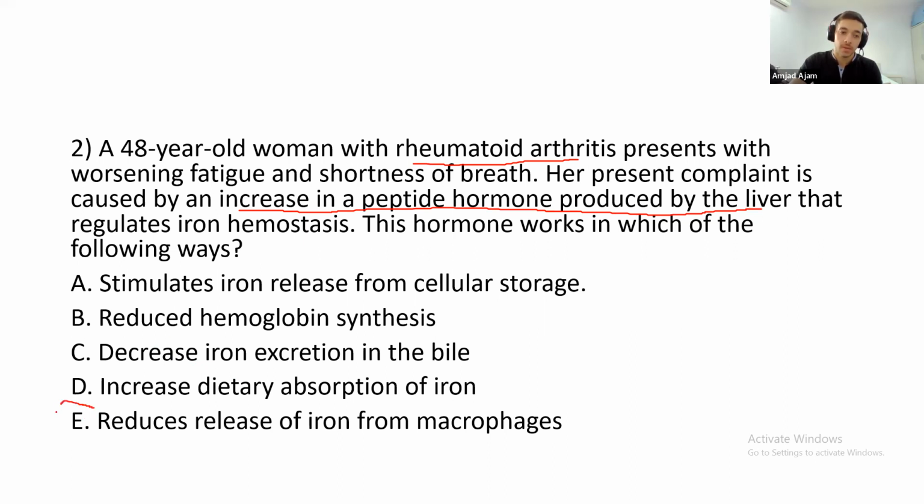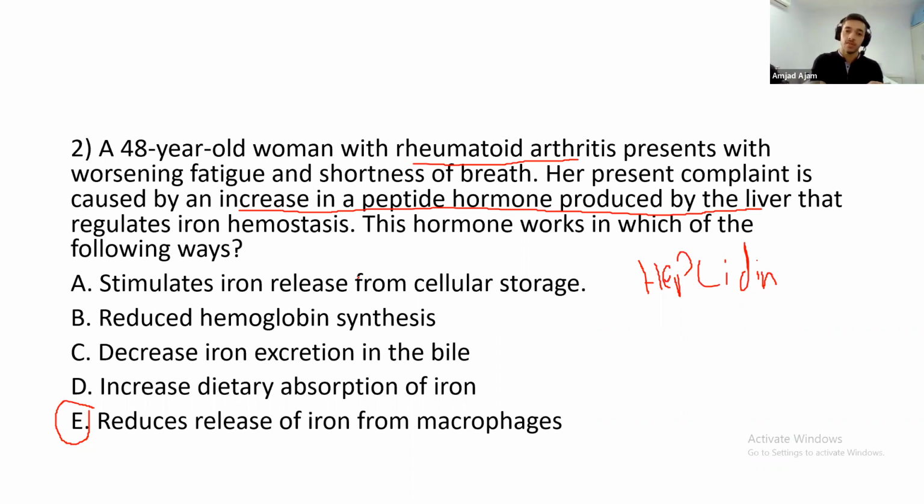What protein are they talking about? They are talking about hepcidin, right? Hepcidin. This is the peptide hormone produced by the liver. So how does it work? Does it stimulate iron release? No, it inhibits iron release. We said that when we have a lot of iron, the hepcidin will be produced, and then it will do two things.